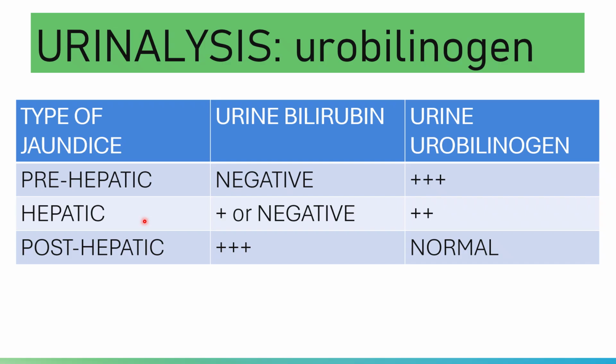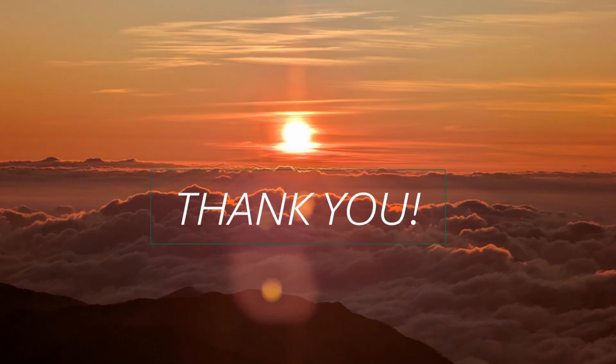And in late hepatitis, the stool color is dark. In early hepatitis, the stool color is pale. And in late hepatitis, the stool color is dark. Okay. That is for your urobilinogen and urine bilirubin.